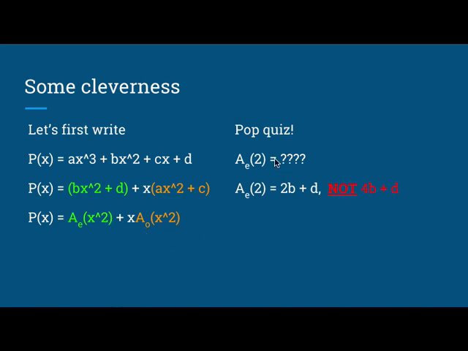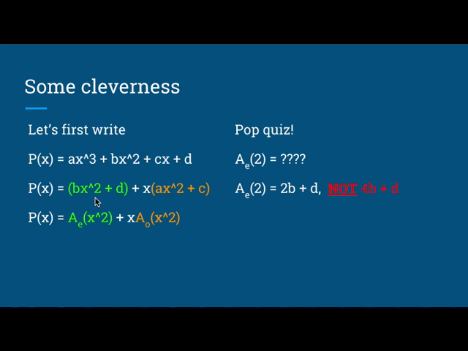Quick pop quiz: what is AE of 2? AE of 2 is 2b plus d, not 4b plus d.